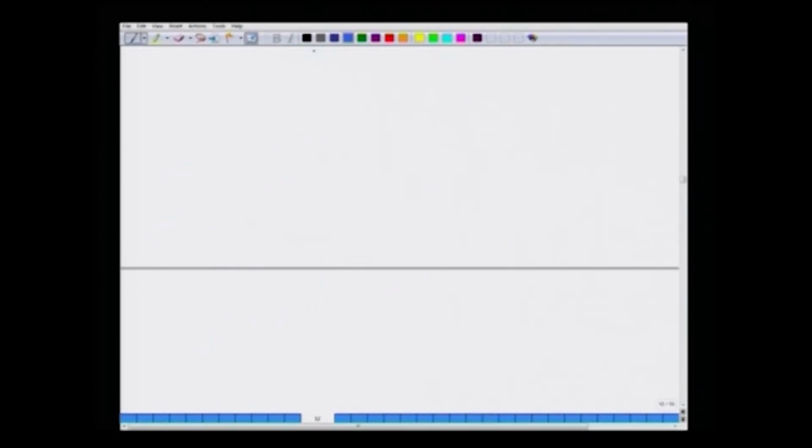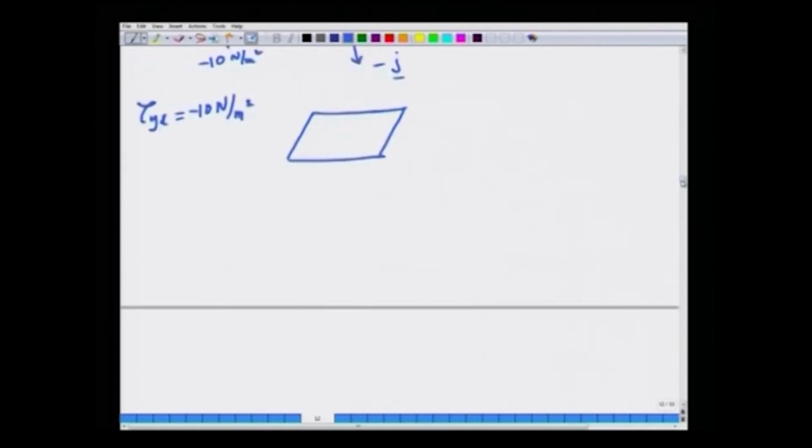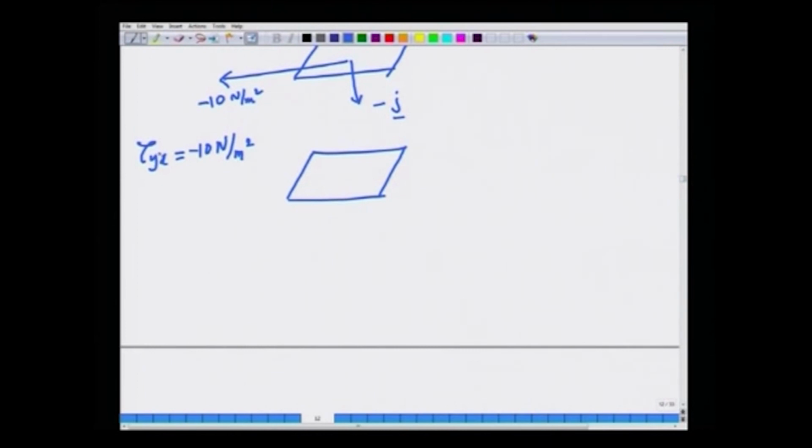So, if instead I say tau y x is minus 10 Newton per meter squared, then what it means, according to the sign convention, is the following. Let us draw this slightly below.